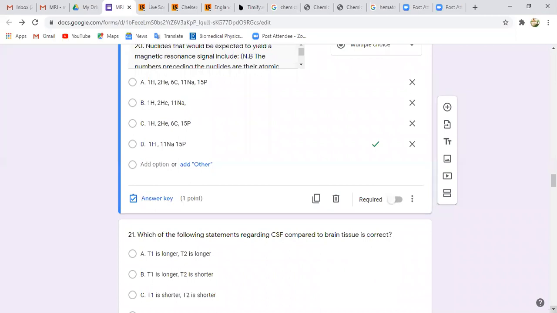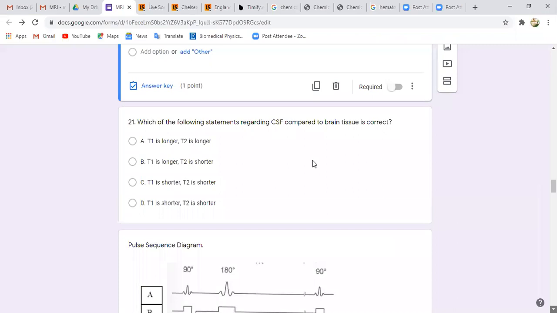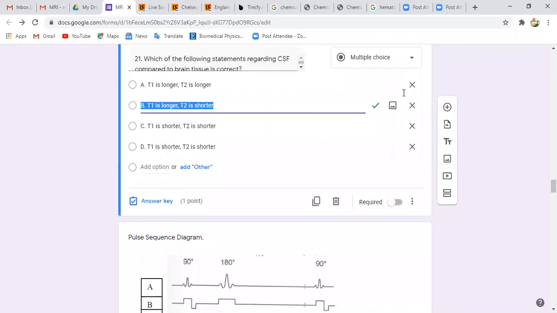Which of the following statements regarding CSF compared to brain tissue is correct? I don't agree with this.